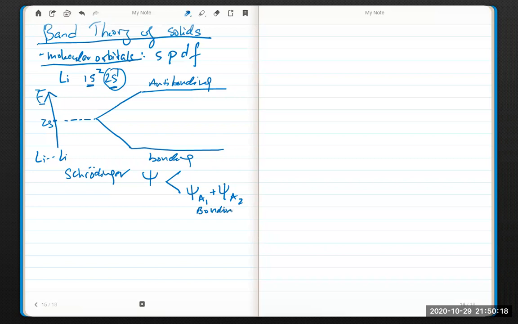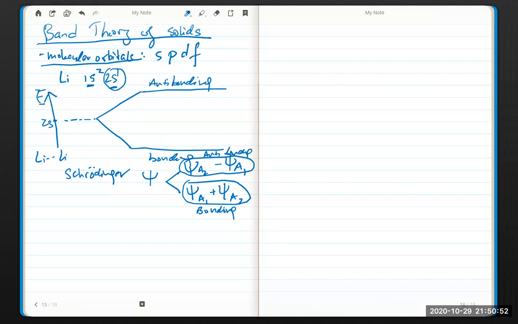It's a linear combination of these equations. One is the plus function, constructive interference, lower energy, so it's more likely to happen. The other is destructive interference, a higher energy than the first. That's the anti-bonding, so it sits at the top. That's how the equations are organized.